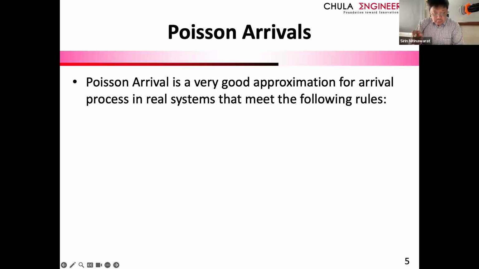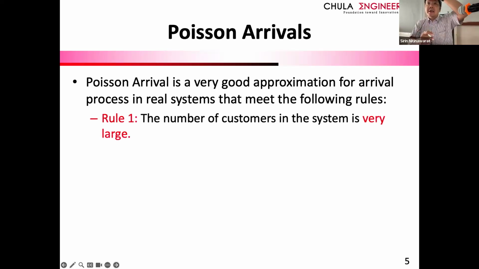Okay, so this arrival process is quite important because it represents an arrival process in realistic situations involving the following assumptions, right? One is that the pool size, remember, virtually all potential customers that can come in can be considered to be basically infinite, right? Something like a cafe that I talked about, right?